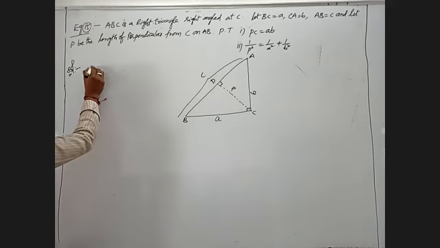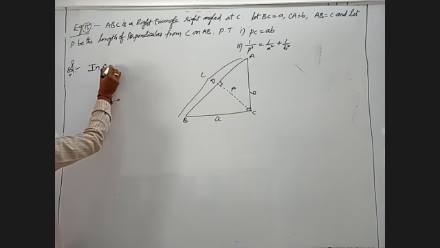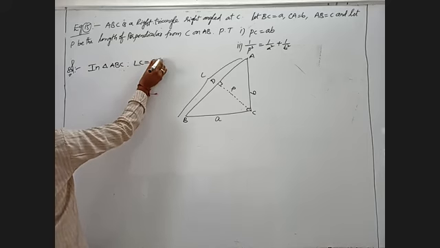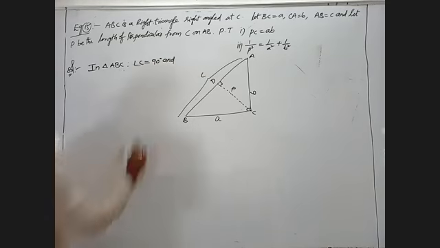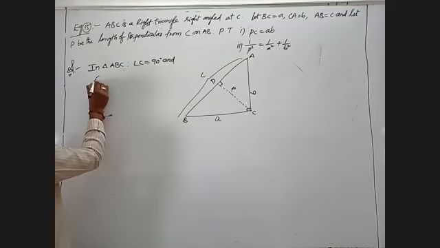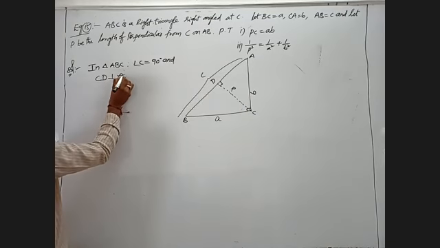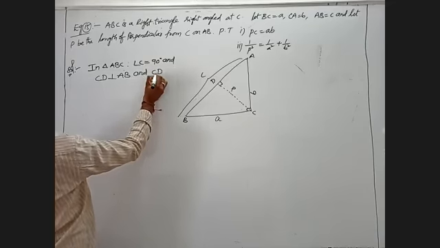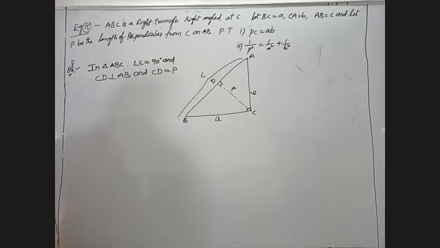In triangle ABC, angle C is equal to 90 degrees and CD is perpendicular to AB. The distance between C and D we will take as p. First, I will write the area of triangle ABC.